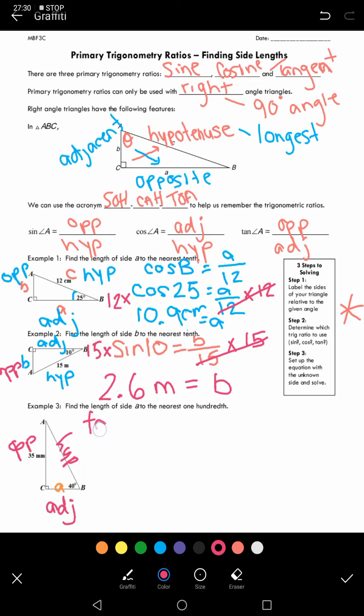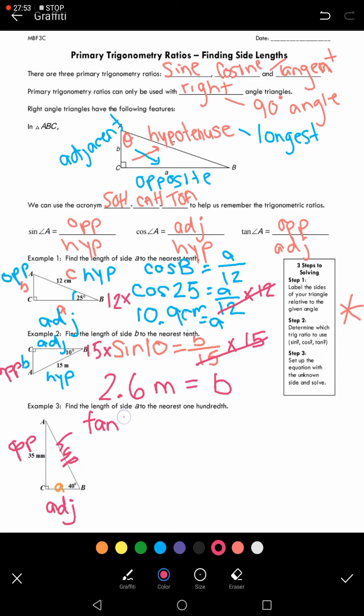The equation is tan theta, or tan the angle, equals the opposite side length over the adjacent side length. We need to make sure we're not just putting in tan equals. It should be tan theta if we're solving for an angle, which we'll get to in the next lesson, or tan of the angle that you have.